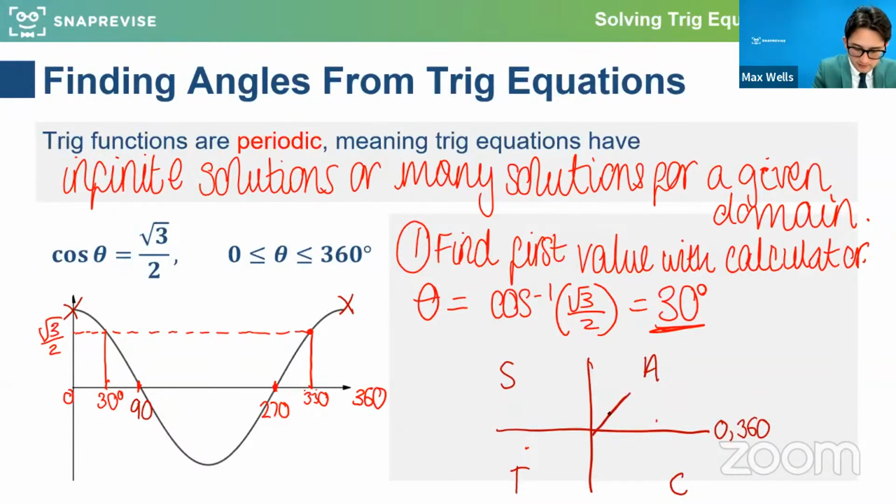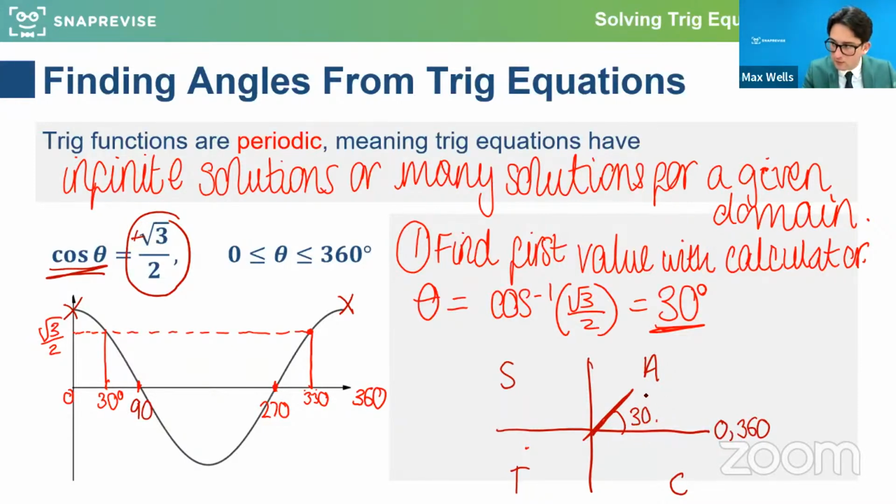The calculator's given me the first one as 30. Now, you know that we're dealing with cosine and it's a positive number. It's positive √3/2. No worries, that's okay. And if you don't like it, then just stick with what makes sense. I do want to talk it through though, because it can be useful in future. It's more useful than just this going forward, so I'll speak it through quickly.